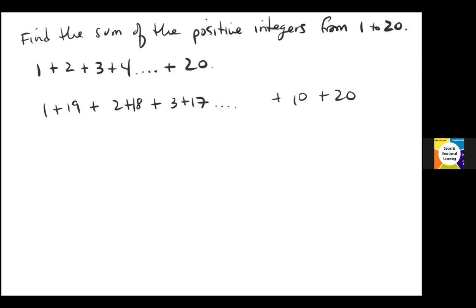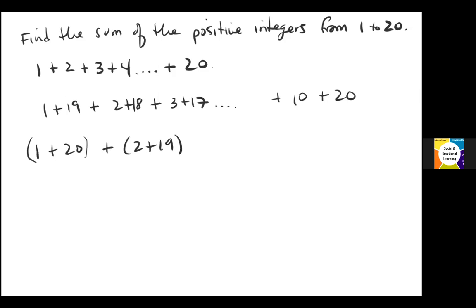So maybe let's try, that would work. And if you could keep track of that stuff in your head, that's all right. Let's try, what if we said, well, what's 1 plus 20? And then 2 plus 19. Because we have an even number of integers, right? We have 1 all the way to 20. So it's 20 integers.